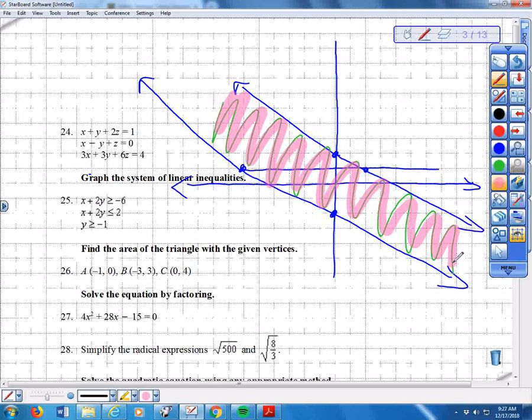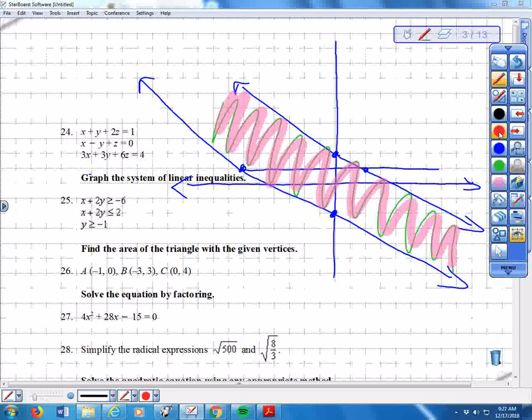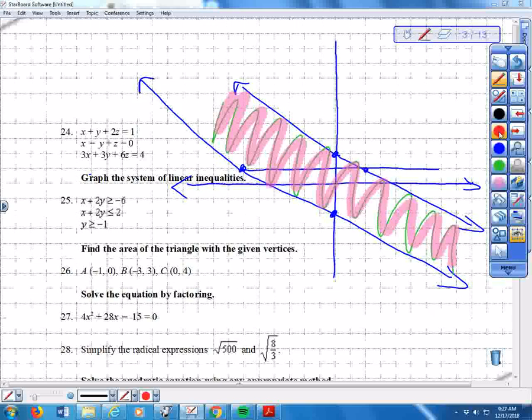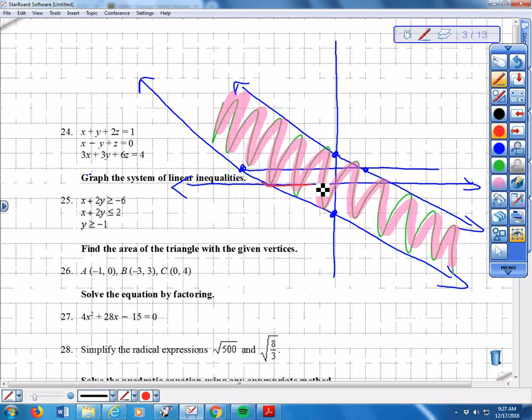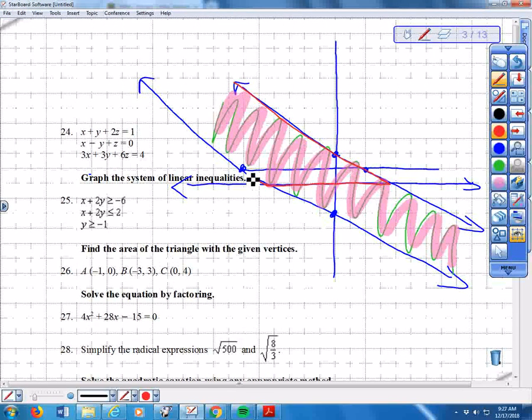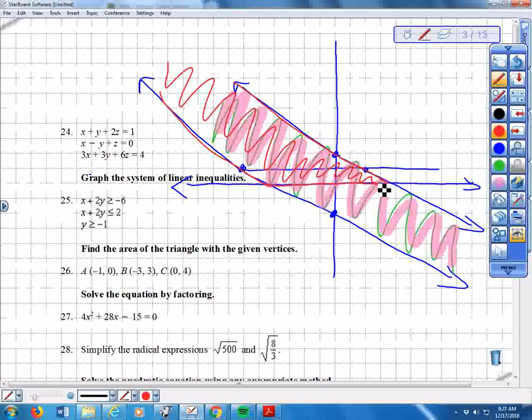And then, I don't know what to use. We'll use red. All right, and then the last is 0 greater than -1. Yes. So it's going to be this boundary right here, going on forever will be my overlap.